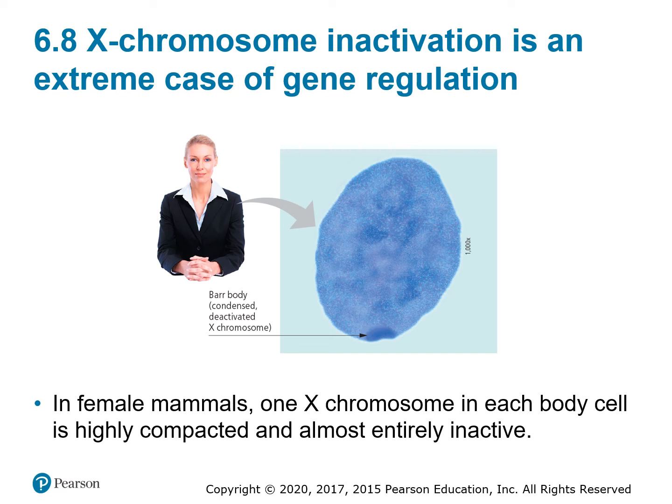So this is an example of sort of extreme gene regulation, where for every cell, if you're a female and you have two X's in every cell, really only one is used to provide the instructions for gene expression.